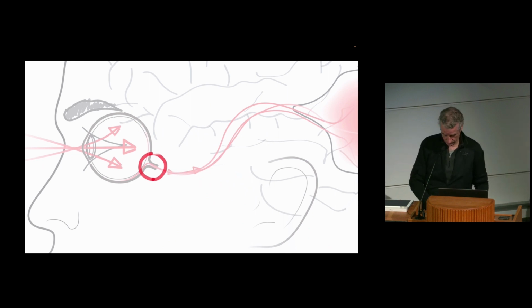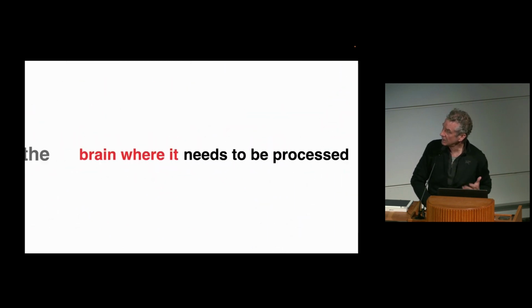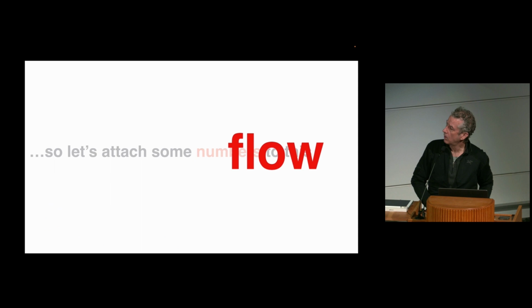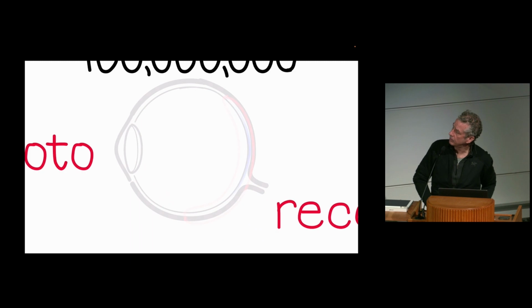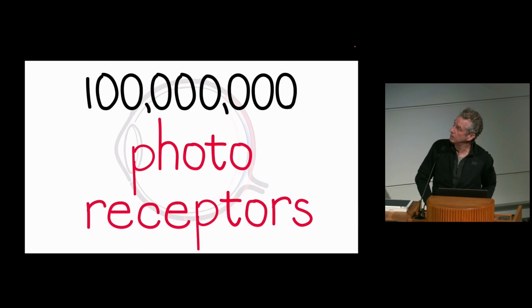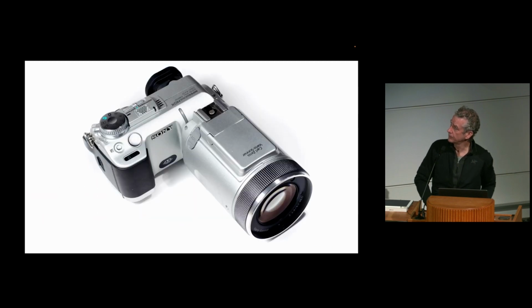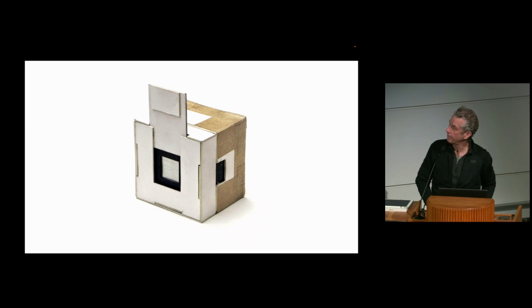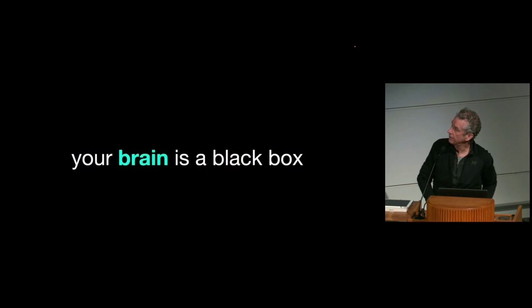But that one little bottleneck, that optic nerve, reduces the flow of information exactly to the brain that needs it in order to understand vision. So I like to say, there's your retina, and it's 100 million photoreceptors. Your optic nerve is 1 million fibers. So essentially, you can think of your eye as a very sophisticated high-end camera, and your brain is a little pinhole camera. And yet that's where a lot of the processing gets done.